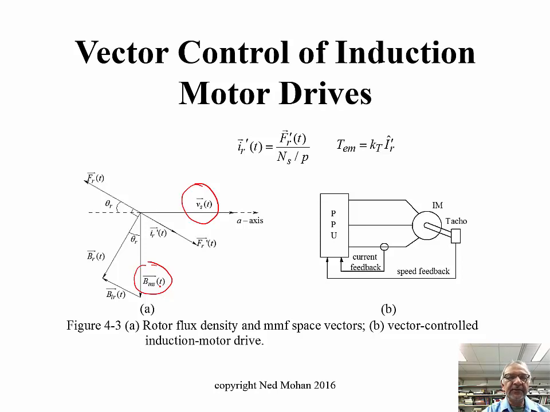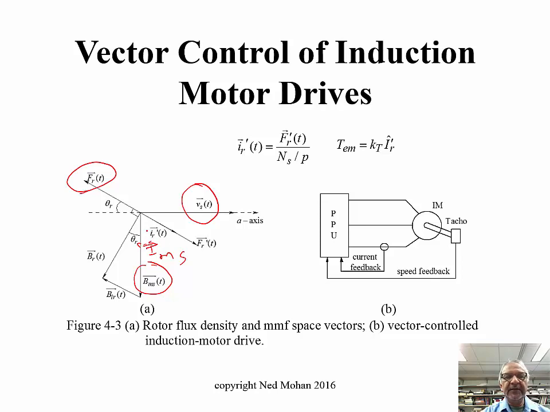In steady state, if this machine is providing some torque, there are currents in the rotor bars, and there's leakage in the rotor circuit. So the rotor MMF is given by this space vector F_R. Initially, when you didn't have any torque, there was some current here, let's call it the i_MS space vector.